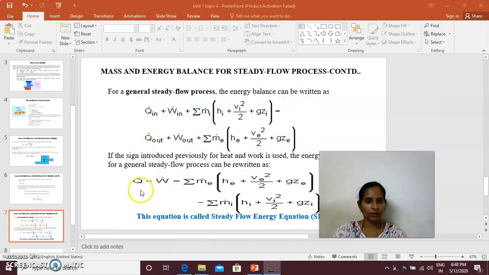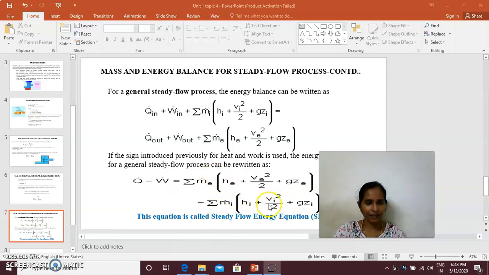So finally, if the sign convention introduced previously for heat and work is used, the energy balance is Q minus W is equal to all the energies at the exit minus all the energies at the inlet. Okay, so this equation Q minus W is equal to h2 plus V2 squared by 2 plus g Z2 minus h1 plus V1 squared by 2 plus g Z1. This is called the steady flow energy equation.